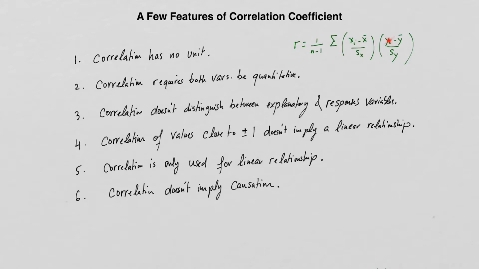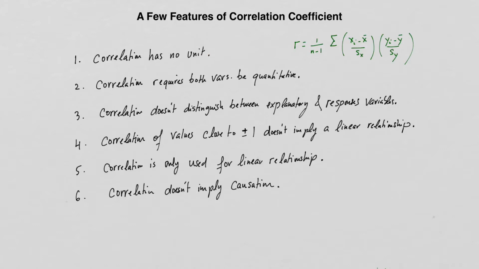Minutes minus minutes is still minutes, and if you divide minutes by minutes, it goes away. So this quantity has no units, and this quantity has no units. And when you add quantities with no units, you end up with no units, just a naked number. So R has no units. You could say R is 0.7 with no units whatsoever. So that's the first fact.